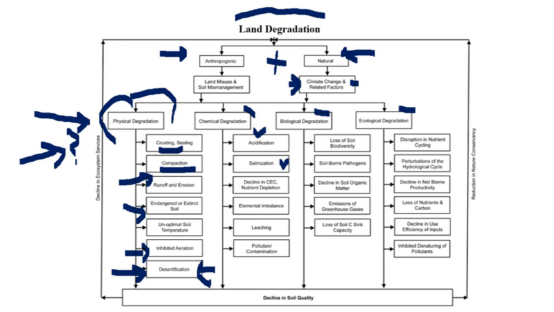A high cation exchange capacity, more than 25, is a good indicator. It indicates that the soil has high clay and organic matter content. Once it has high clay and organic matter content, it can hold a lot of cations.